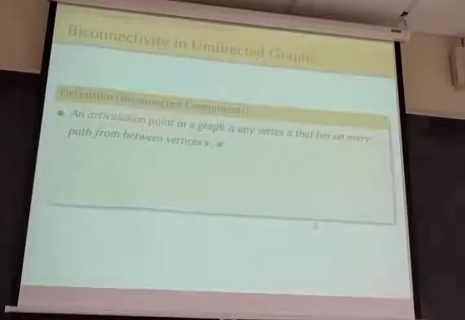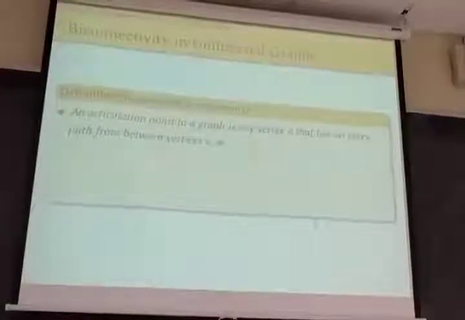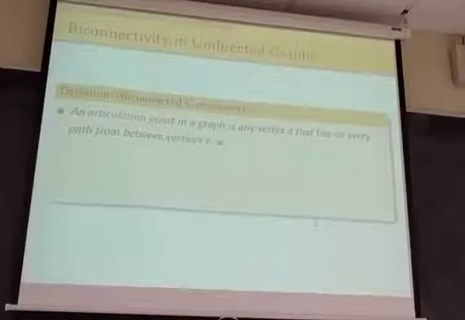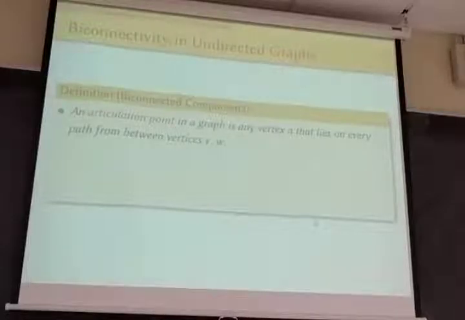So two edge disjoint paths between any two vertices. If you have that, that means you have two independent paths. That's why we call it a biconnected graph. A connected graph means you must have at least one path between every two vertices. Biconnected means there must be at least two paths between any pair of vertices.